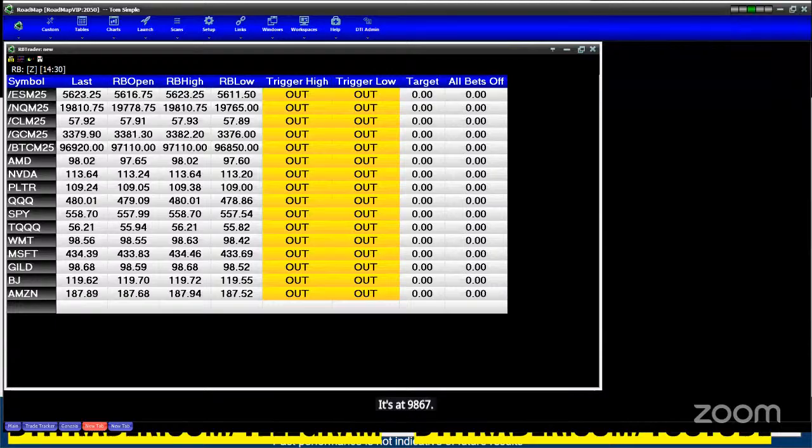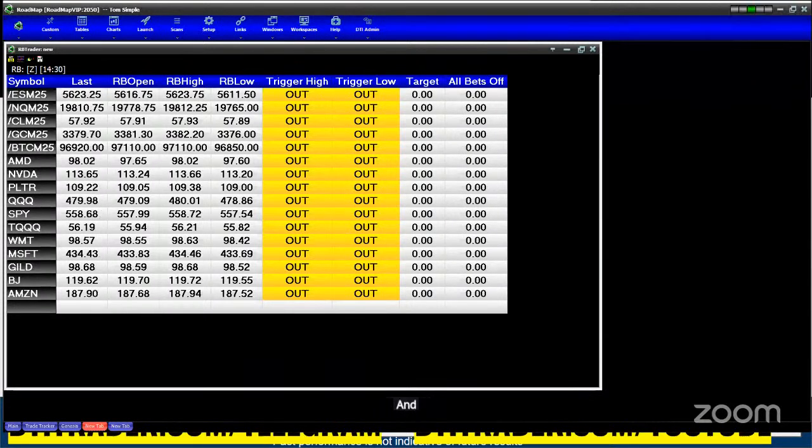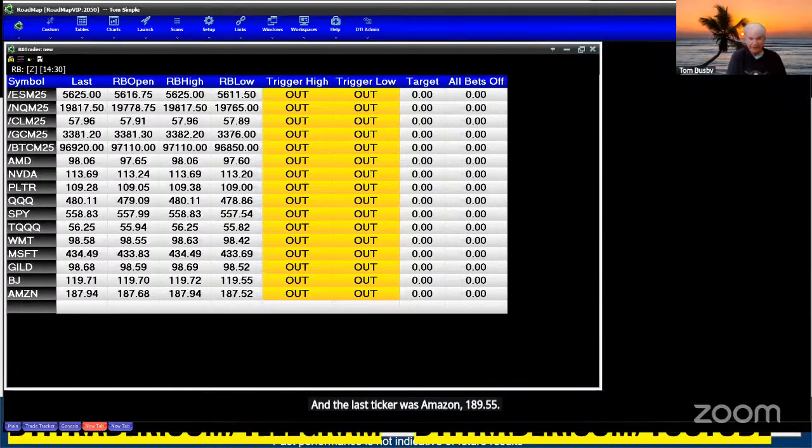BJ 120.55. 119.62. And the last ticker was Amazon 189.55. 187.93. So you say, well, every one of these tickers did not hit the trigger number.